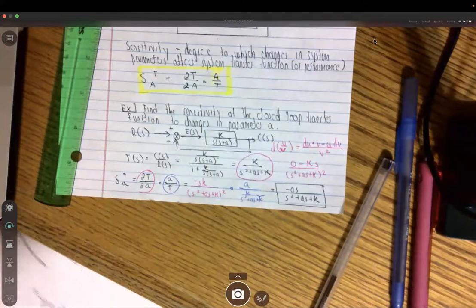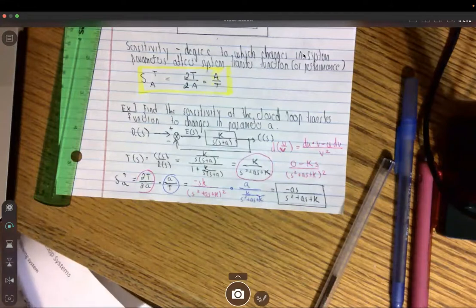And so now that we looked at that, we're going to get into our final chapter. Okay, now we're going to talk about stability and its importance. In order to understand stability, what does stable mean? It's basically, when we talk about stability, we want it to decay in time.